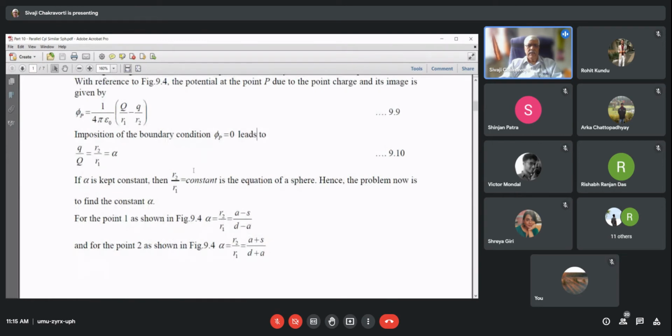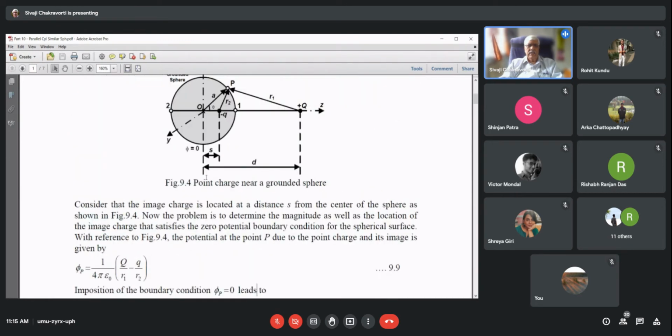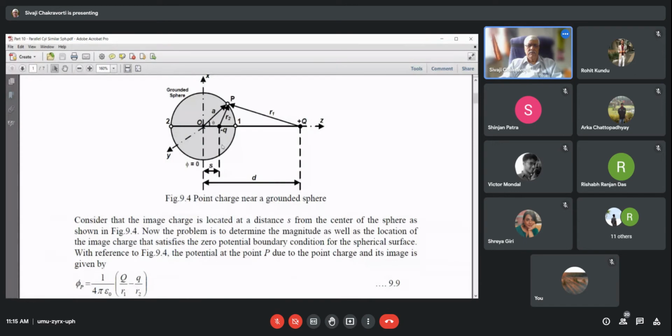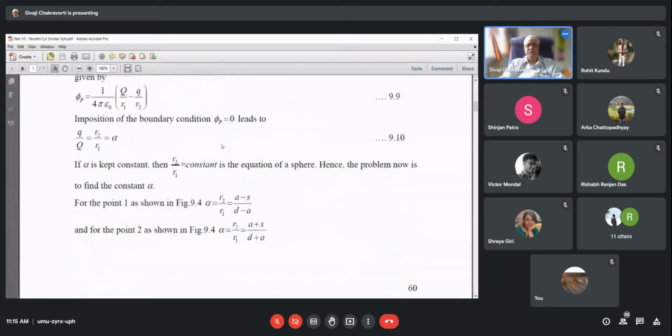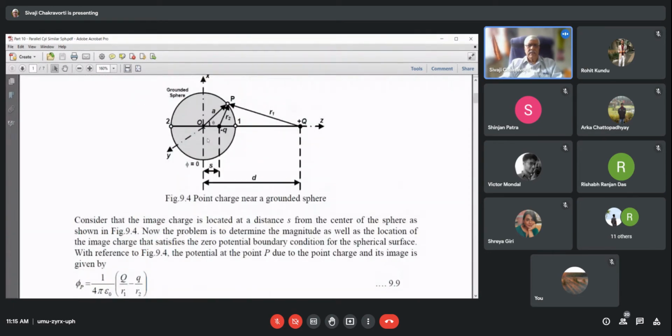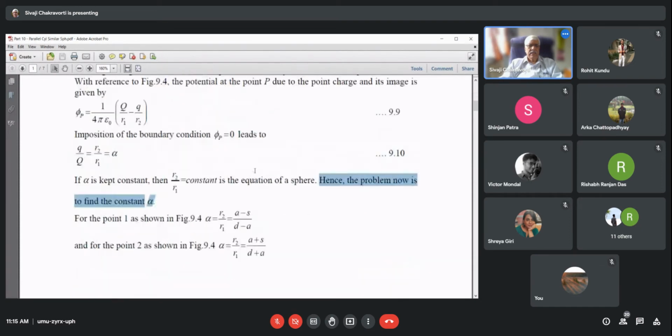R2 by R1 equal to constant, with respect to this diagram, figure 9.4, is a sphere. So therefore, the problem now is, how do I find this constant alpha, so that this spherical surface is equal to the sphere of radius A, which is our grounded sphere.